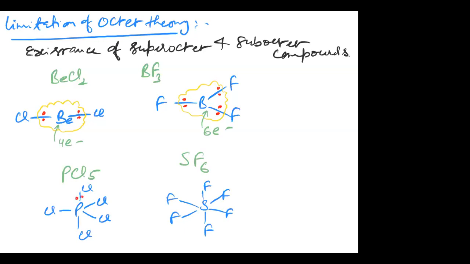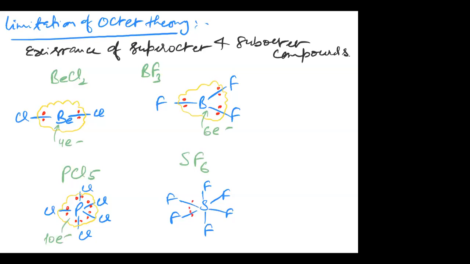In the case of PCl5, the phosphorus outermost shell has 10 electrons, even after bonding.